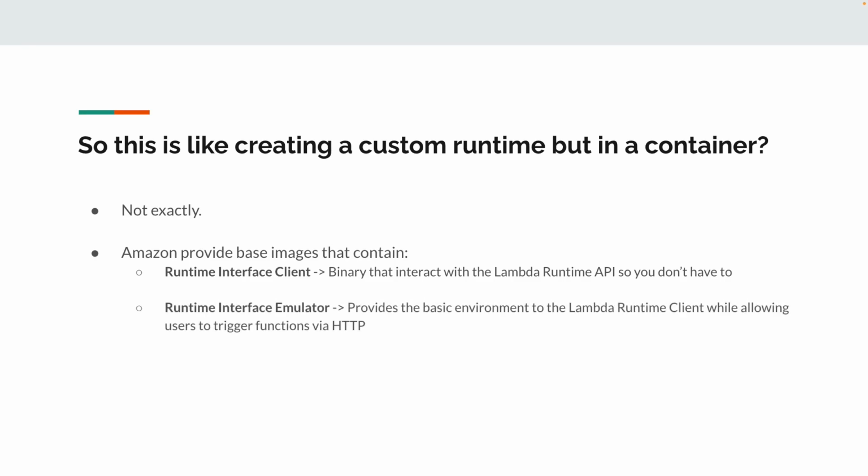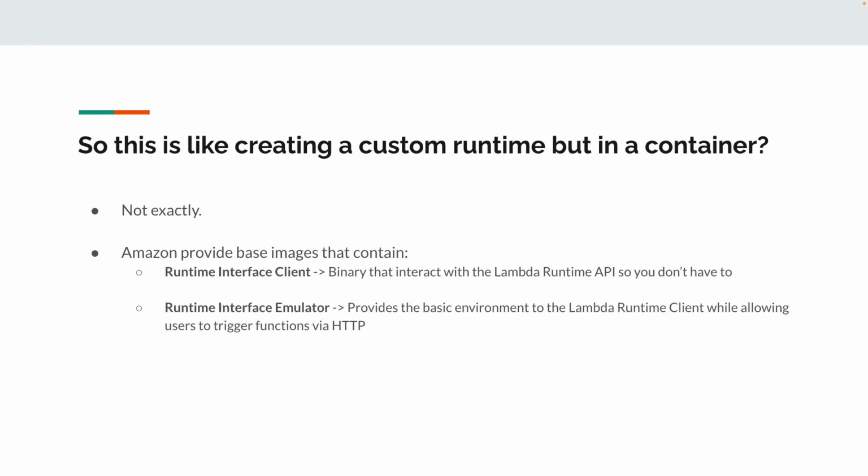Okay? And there is the runtime interface emulator. Remember when I complained about the /next endpoint from the custom runtime presentation, and I said, hey, there's such an abuse of the HTTP protocol because you make a request, but you don't get an answer unless you have something to process? Yes, the reason why they created the runtime interface emulator is that if you didn't have that otherwise, that request would fail straight away.